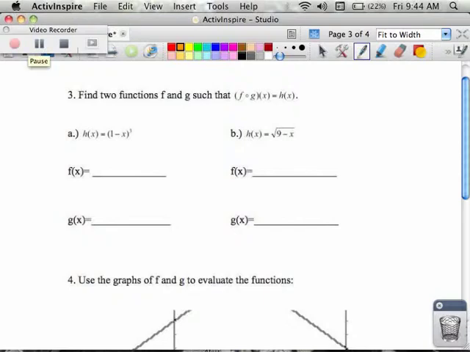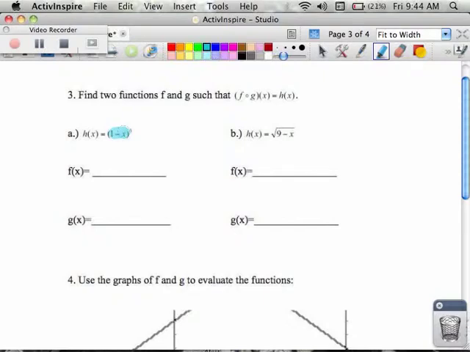Okay, so number 3, what this is saying is they're going to give me a function, and they're saying go backwards. So we went from f and g, and we combined them to say f of g of x or g of f of x, plug one thing into the other. Now they're saying unplug them. So this h function in A is really two things put together. And what I notice is that there's some stuff on the inside.